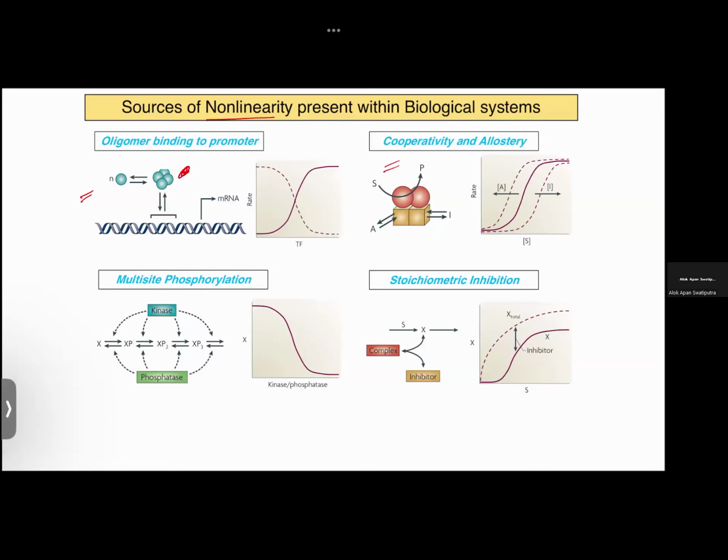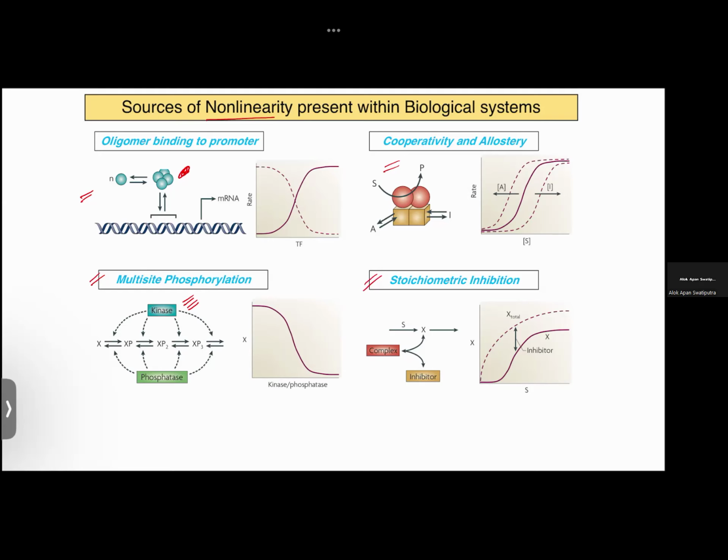So that is another. Also, I mentioned the phosphorylation and dephosphorylation of proteins. So multi-site phosphorylation. If you have some amino acids that you can phosphorylate at one position, each step of phosphorylation will add to the nonlinearity. So that is another source of nonlinearity. Also, there can be stoichiometric inhibition.